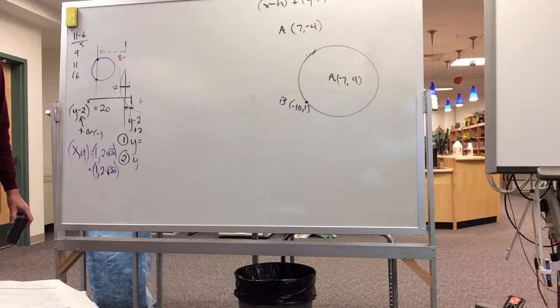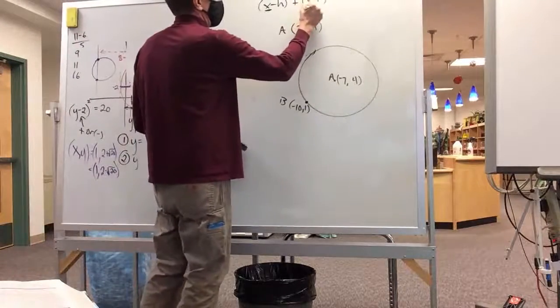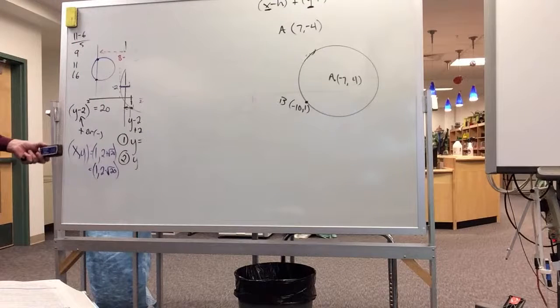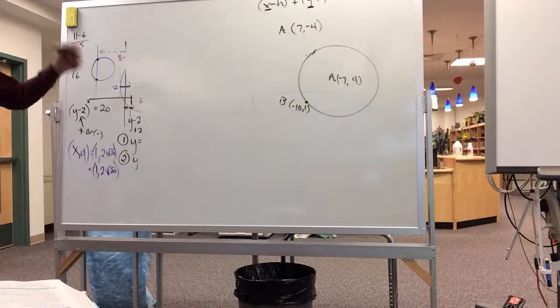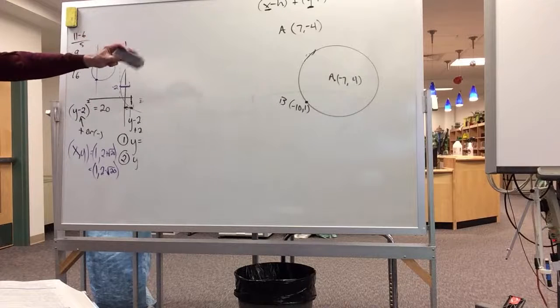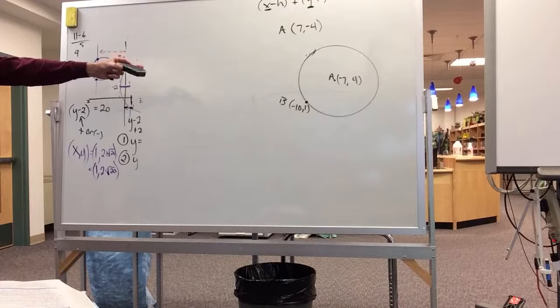A good bit. You see, the x and the y will remain x and y every time we write an equation of a circle. Those are your two variables. What changes are h and k and r. So do you know what h is from this information? Negative 7.